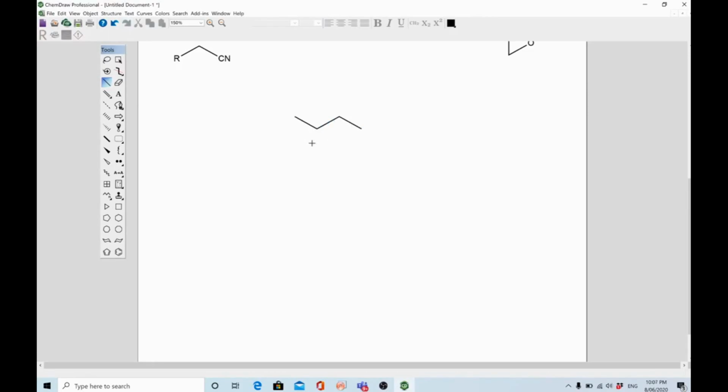Then this is carbonyl, and this is nitrogen. This is R1, R2 or R3, whatever. So these are called imides.